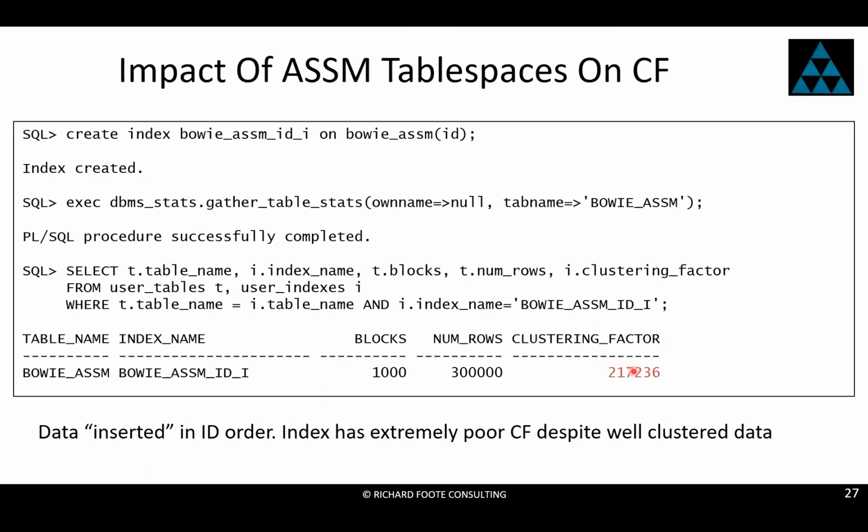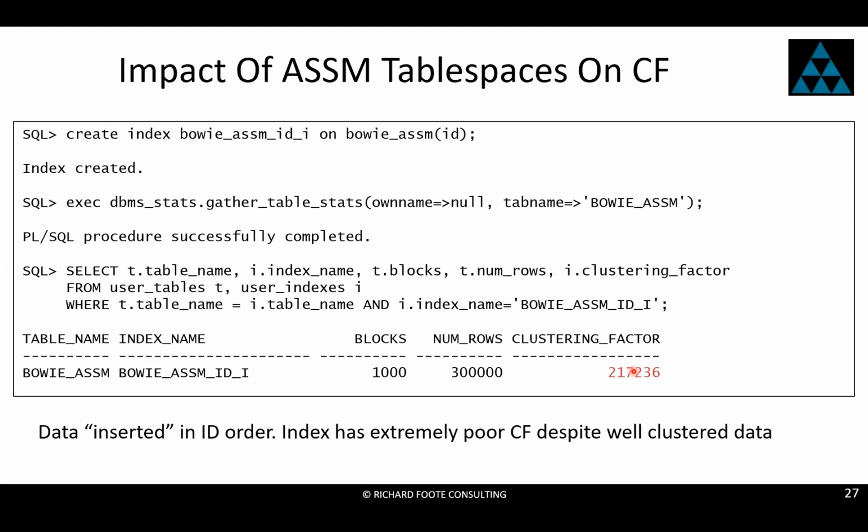which means if I look at my clustering factor after I run this, even though the data is pretty clustered, like most of the data is pretty close to each other from an ordering point of view, the way the clustering factor is calculated by default says if the previous entry is not the same block that I'm visiting now, and I have to visit a different block when reading my index, I increment the clustering factor.